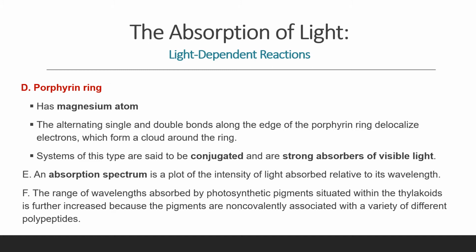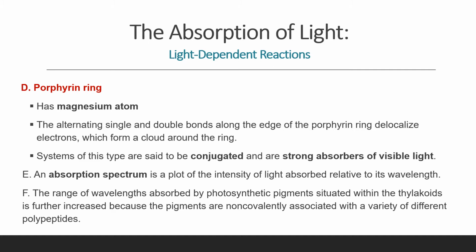The alternating single and double bonds along the edge of the porphyrin ring have localized electrons which form a cloud around the ring, as you have seen in the image. Systems of this type are said to be conjugated and are strong absorbers of visible light.